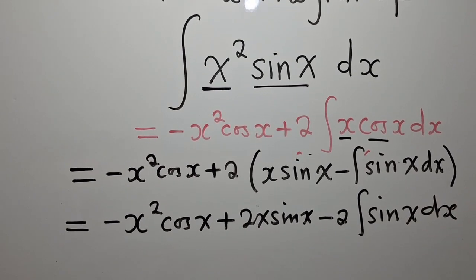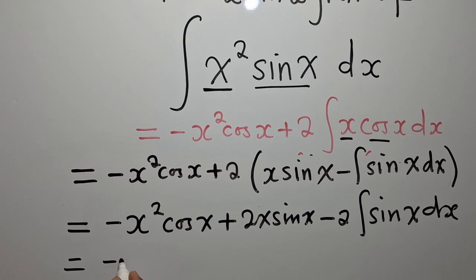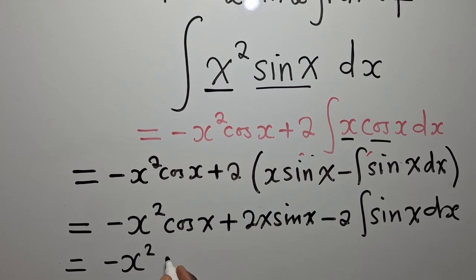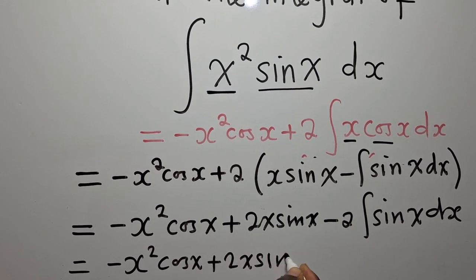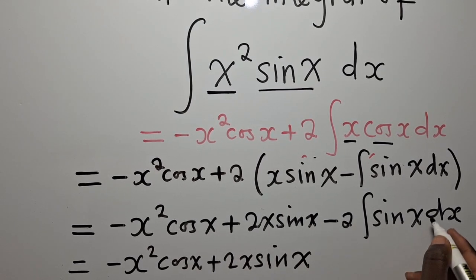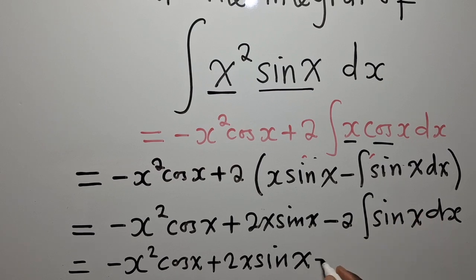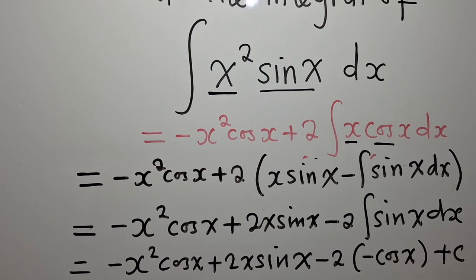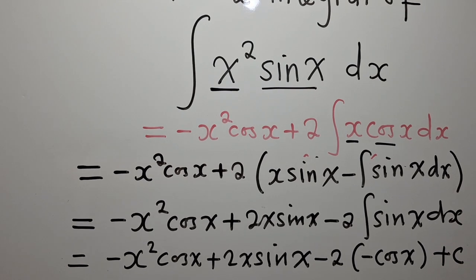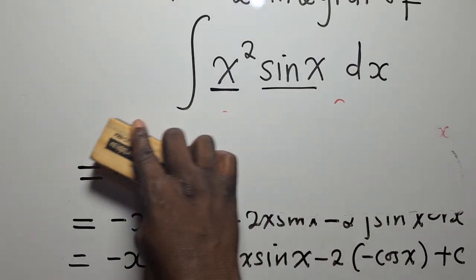And finally, our final answer here will be negative x squared cos x plus 2x sine x. The integral of this, it will be negative cos x, and then we say plus a c. Okay, hopefully you can see. So finally here we can write our answer properly. Let me put it here.